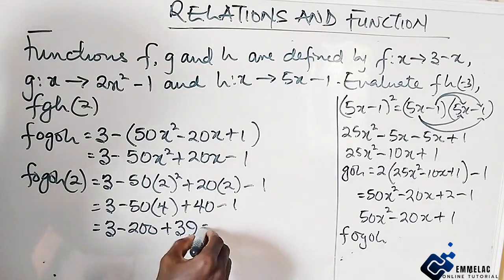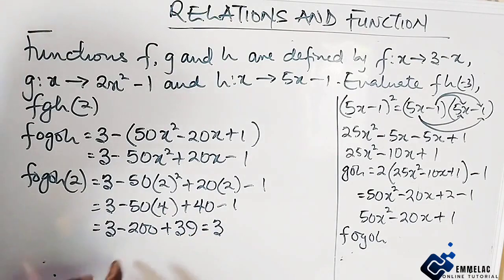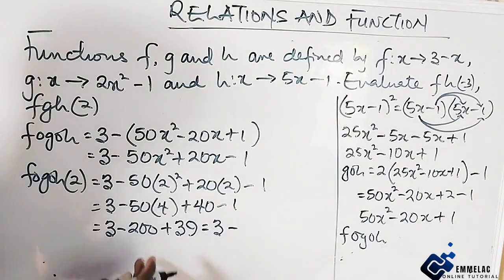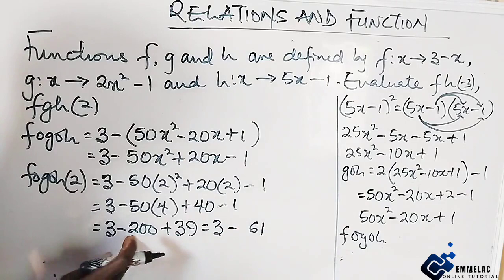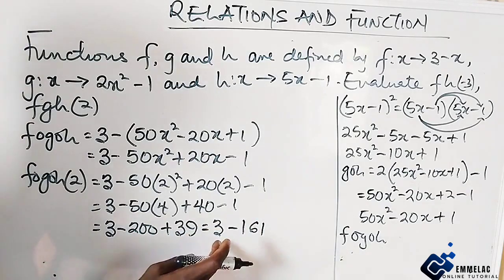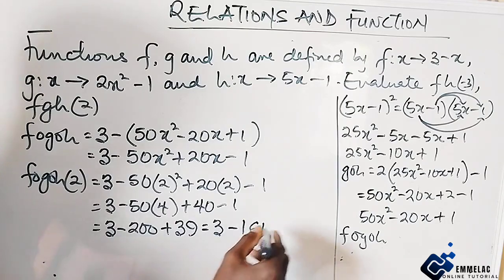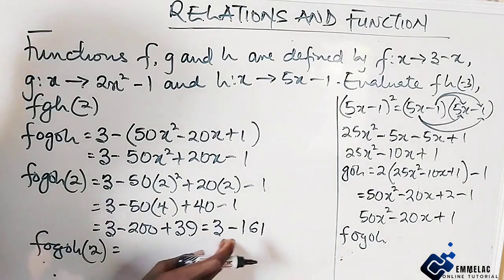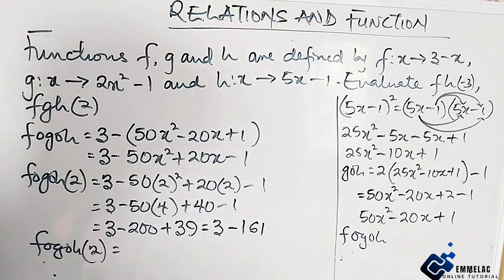Further, this gives us 3 minus 161. So f of g of h of 2 will now give us 3 minus 161, which should give us minus 158 as the final answer.